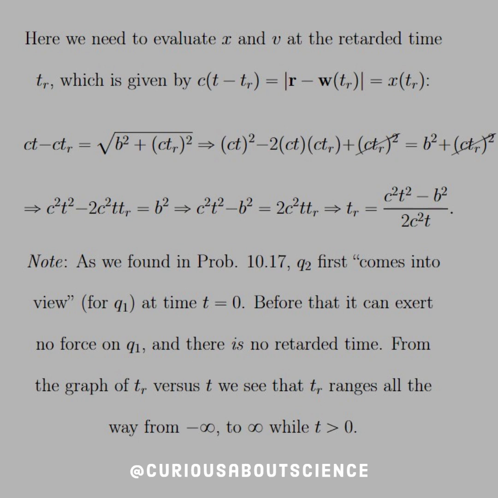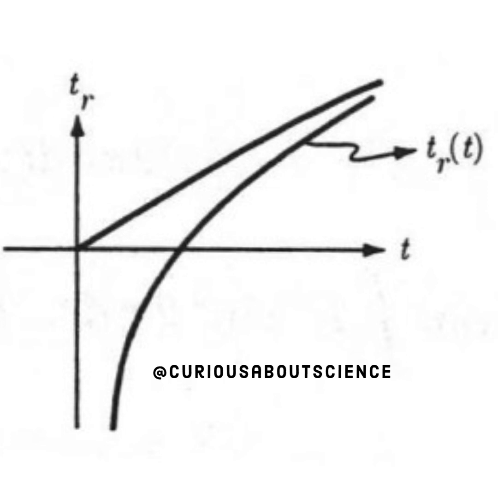And from the graph of tr versus t, we see that tr ranges all the way from negative infinity to infinity, while t is only greater than 0. So let's go look at that. Okay, so the horizontal axis is t, and tr is the vertical axis.